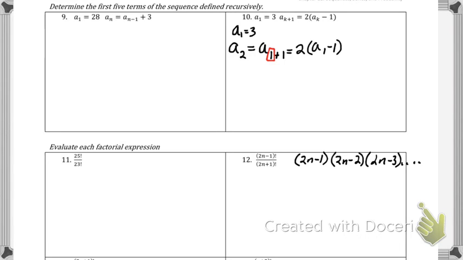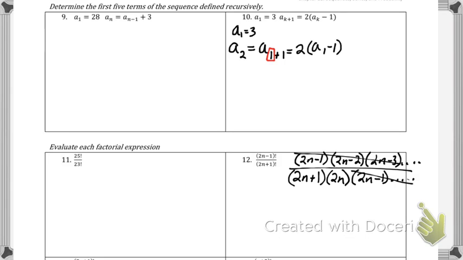Because in fact it would just be 2n minus 1, 2n minus 1 minus 1, and so on. And then the bottom is just going to be 2n plus 1 times 2n plus 1 minus 1, which is just 2n. And then it goes to 2n minus 1, and we just continue from there.